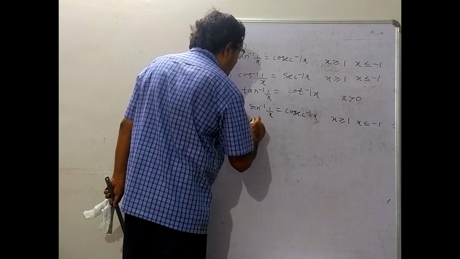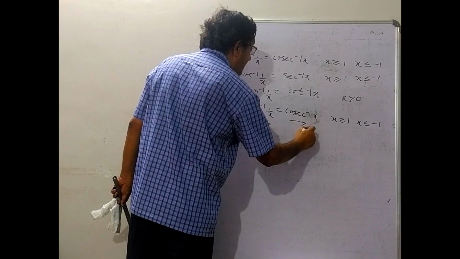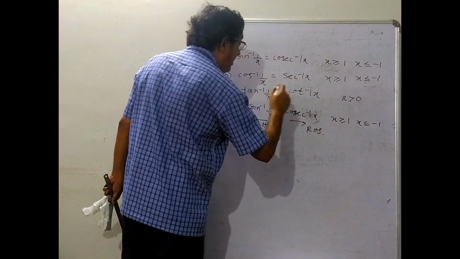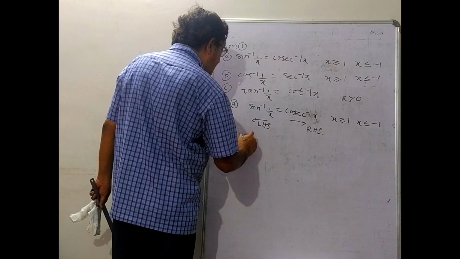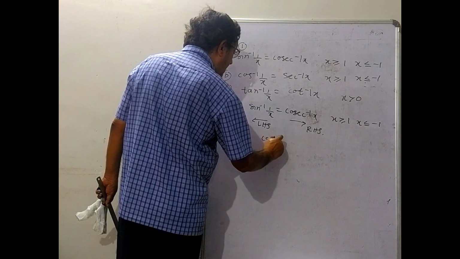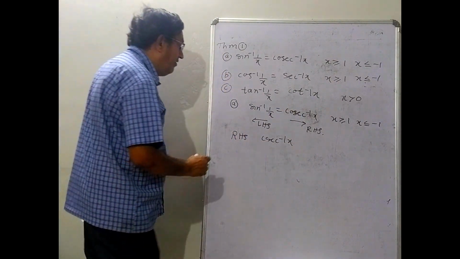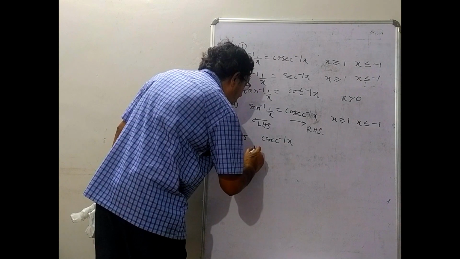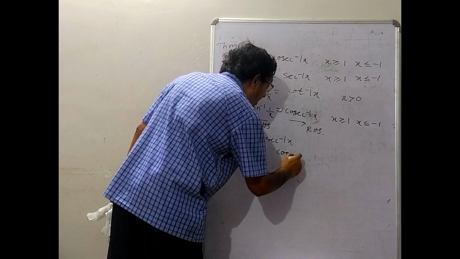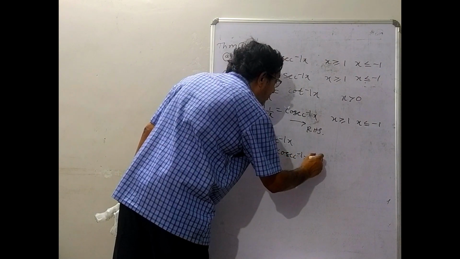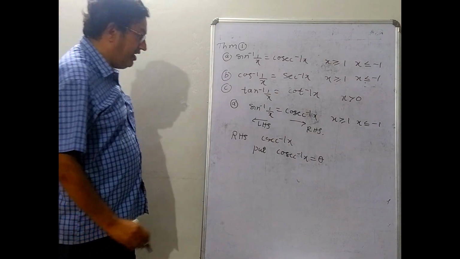This is called the left hand side and this is called the right hand side. I will take the right hand side and prove the left hand side. So what is RHS? RHS is cosec inverse of x. I will put cosec inverse of x equal to, say, theta.